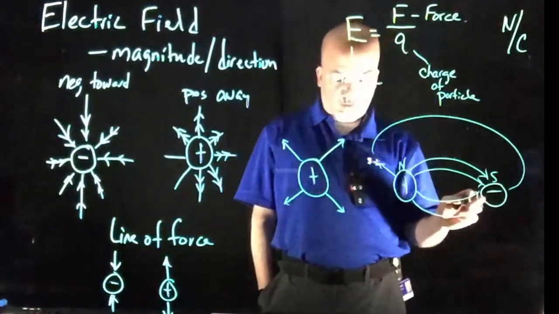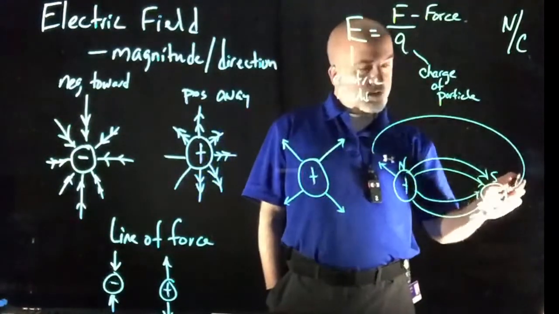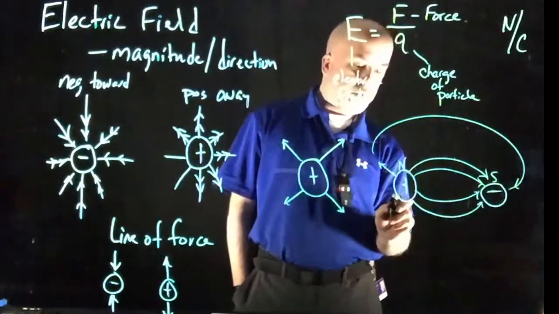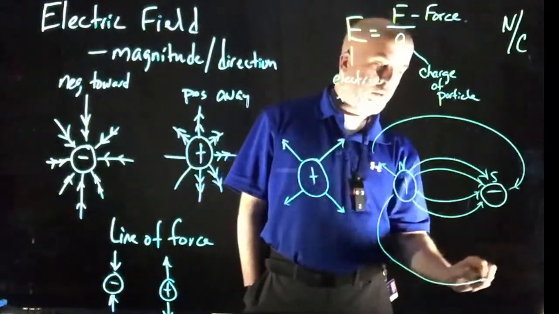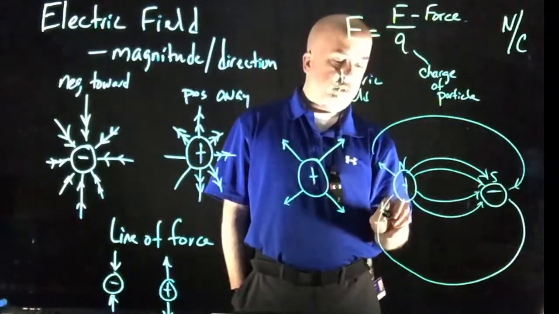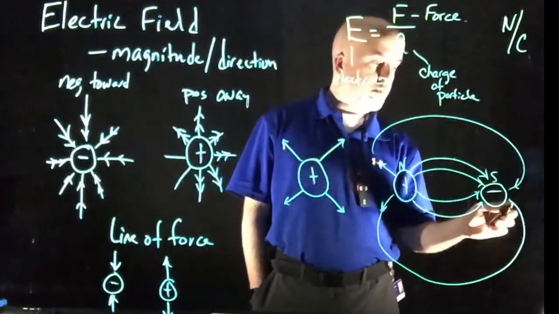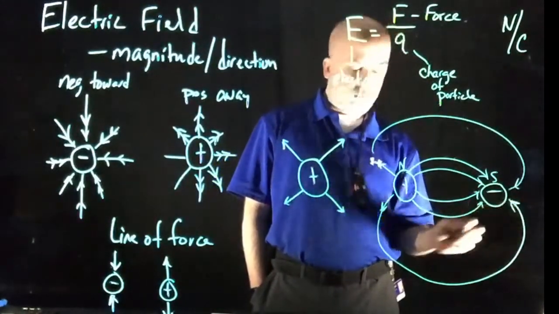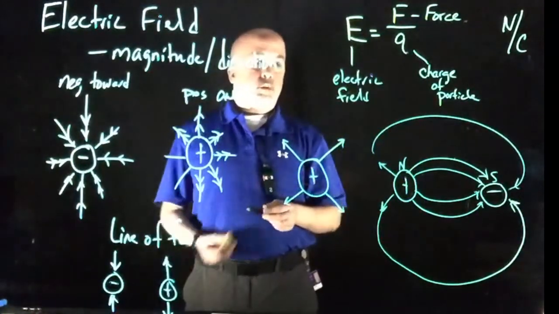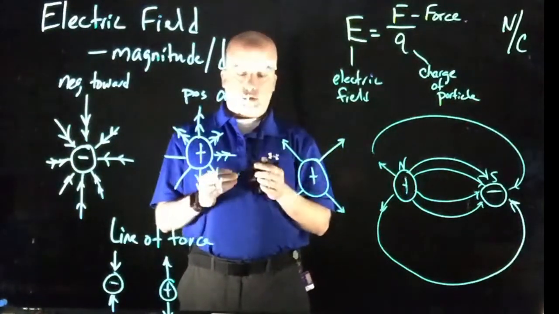Okay, positive going away, and then this force would come in this direction. Same thing when I have that force coming out. Okay, it's going, oops, wrong direction. It's going away from the positive and into the negative. So that's pretty much how electric field works.